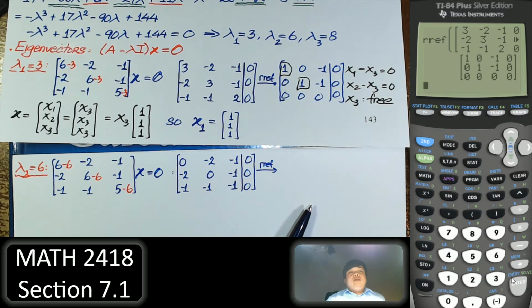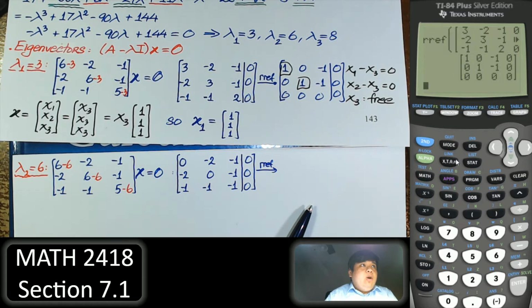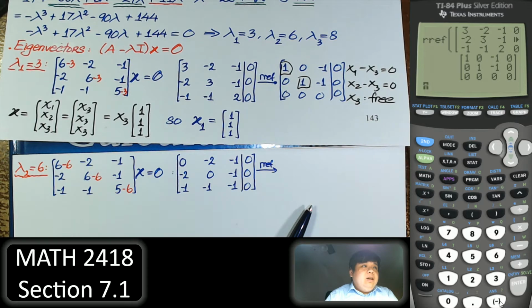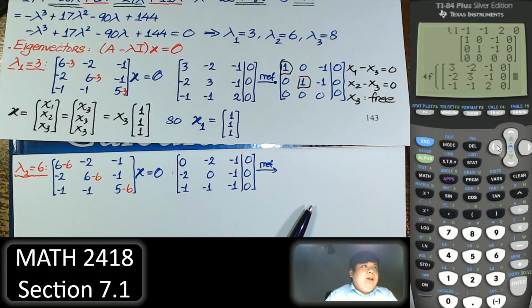The nice thing about this is we can just copy the previous one, or we just hit second enter, and we only need to change the diagonal. It will be 0, 0, and -1. Right.